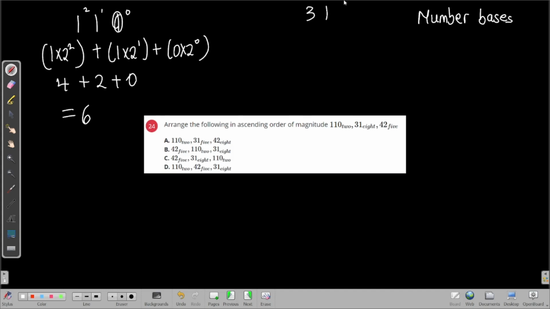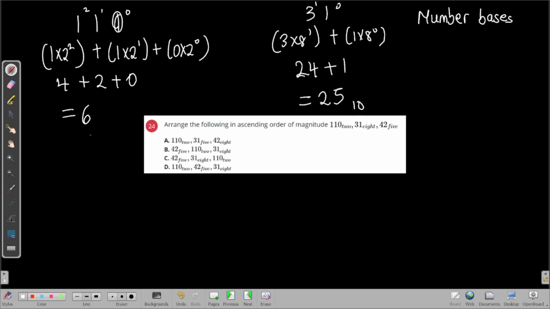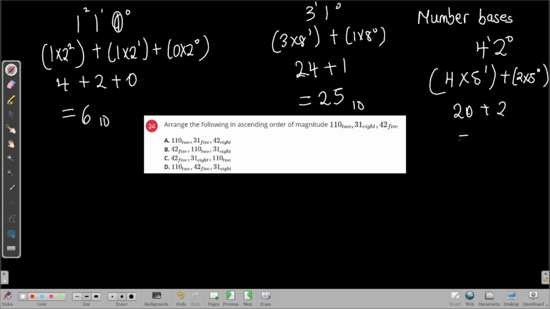Let's check 31 in base 8. So 31 in base 8 is 25 in base 10. Let's check 42. And that's 22 in base 10.